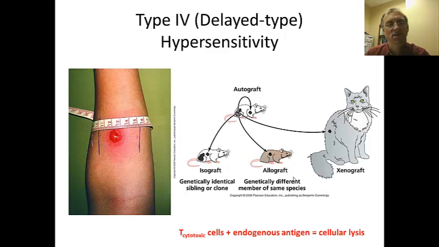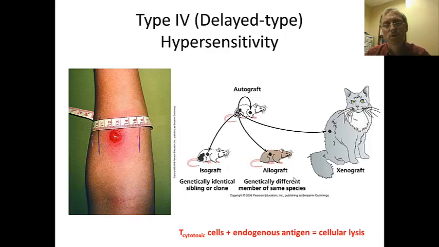The diagnostic test on the left is actually a test for the disease tuberculosis. In this situation, the patient has been injected with a very small amount of antigen from the acid-fast bacteria, Mycobacterium tuberculosis. The antigens found on Mycobacterium tuberculosis associate with the cells under the skin, creating an endogenous antigen situation.